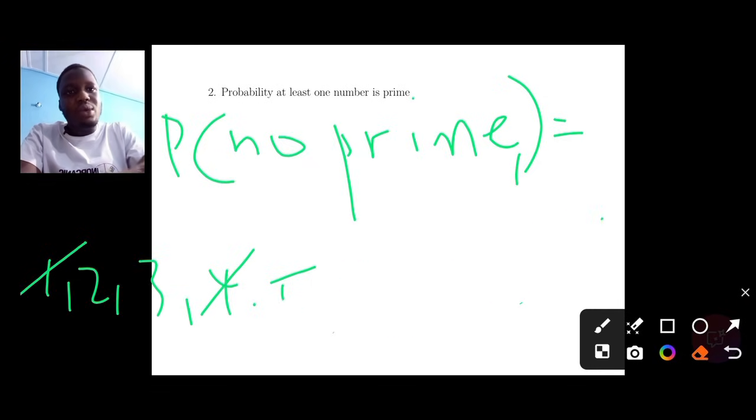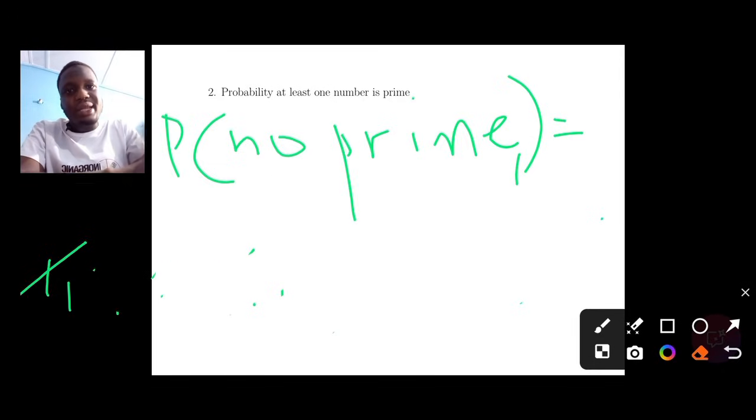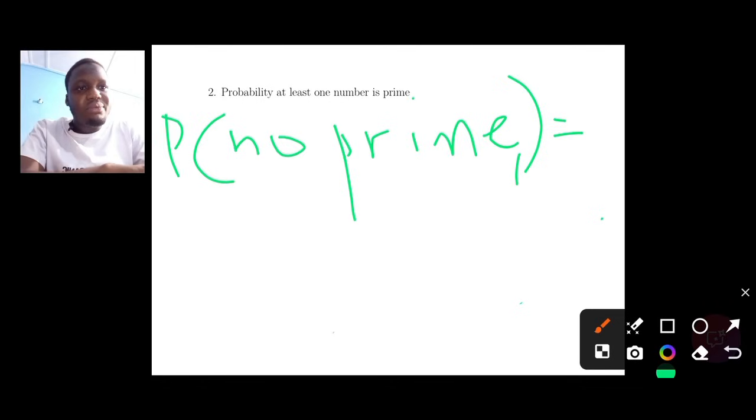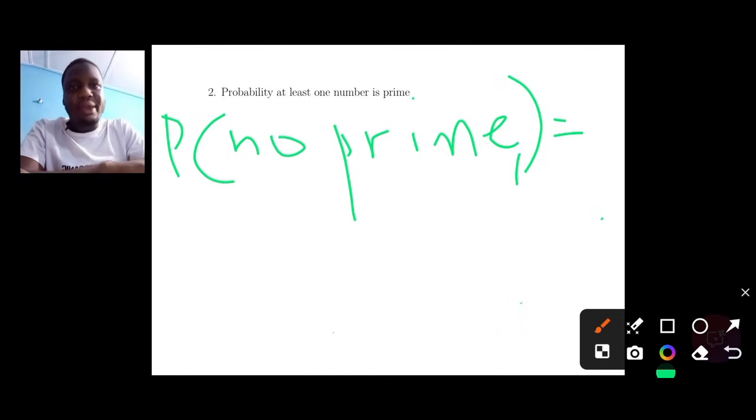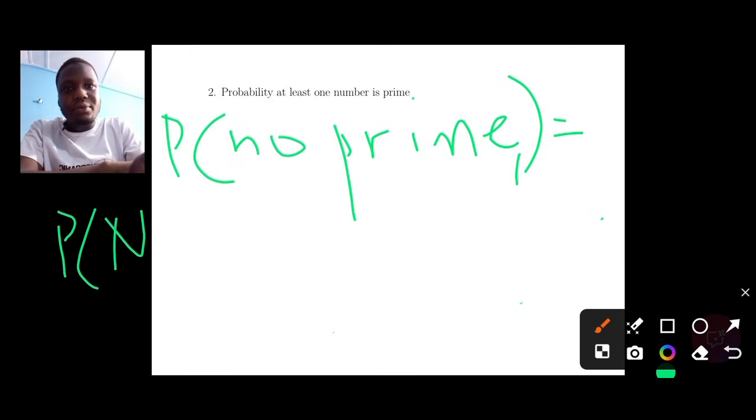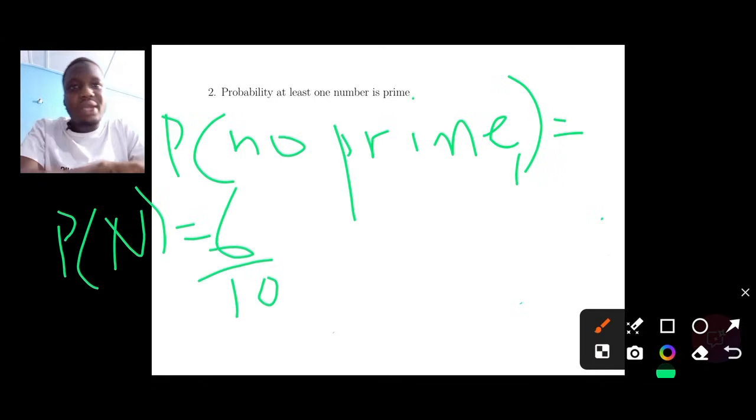Okay. So I want to find a probability that in the 2 selection, none of them is a prime number. So the first one shouldn't be a prime number, and the second one shouldn't also be a prime number. So the probability that the first one is not a prime number is 6/10, because we have 10 values and 6 of them are not prime.